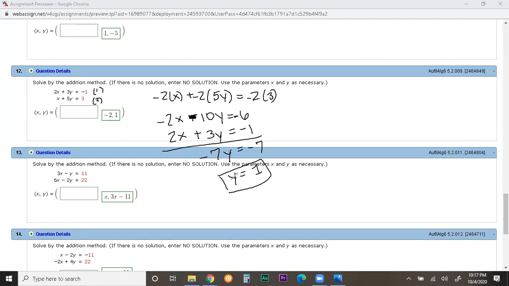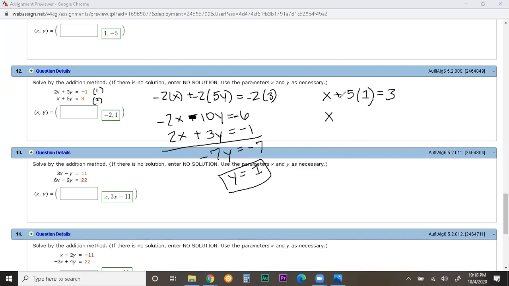Now that we have that 1, we are kind of going back to doing substitution again. Now that we have y equals 1, we can plug it into whichever equation we want to. So I'm going to plug it into the second equation. Where that y is, I'm going to plug that 1 in.